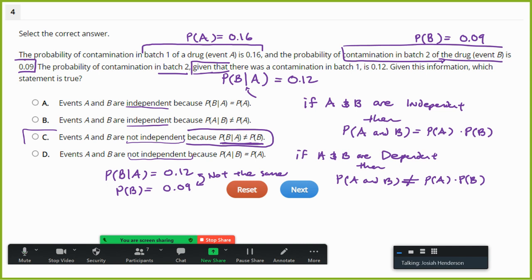And does that jibe with what we have from our table? Yeah, that jibes. Dependent events means that this will be true: probability of B given A is not equal to plain probability of B. So high five to both of you, Aaron and Antonio, for locating that.